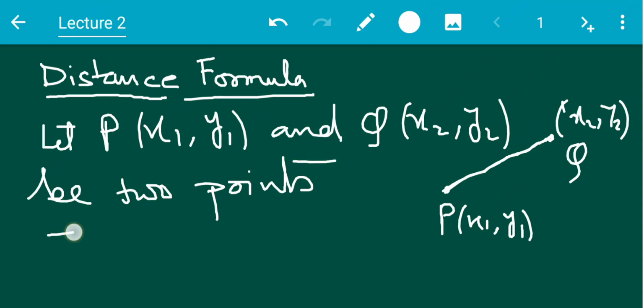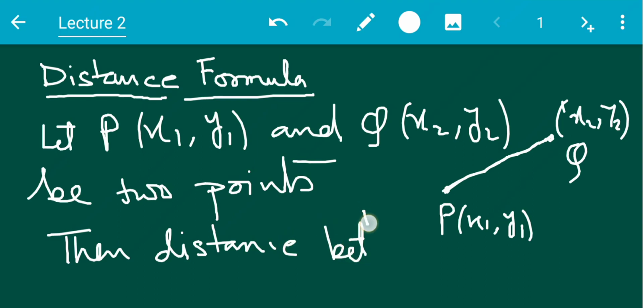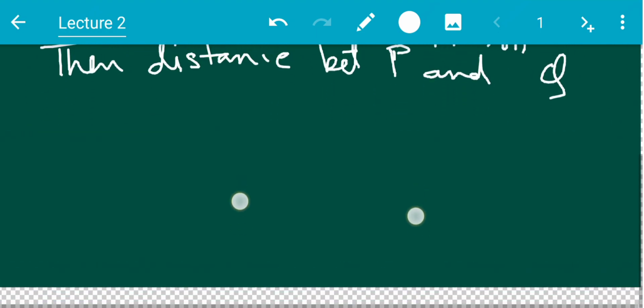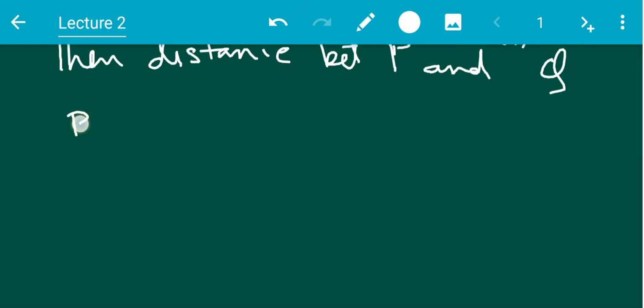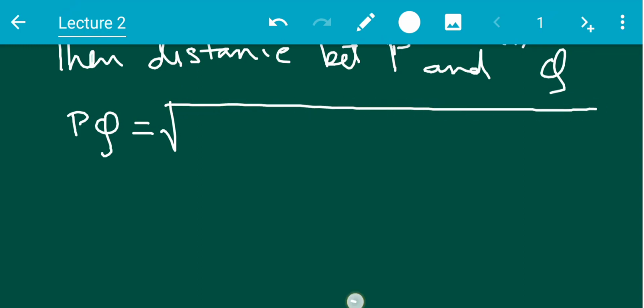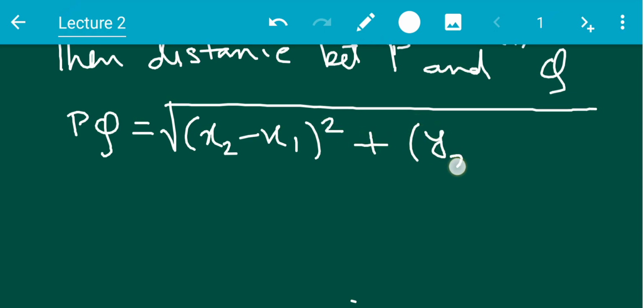Then the distance between P and Q is given by PQ is equal to the square root of x2 minus x1 whole square plus y2 minus y1 whole square.